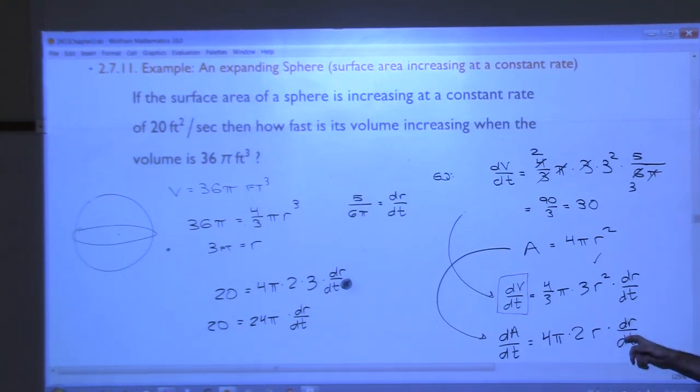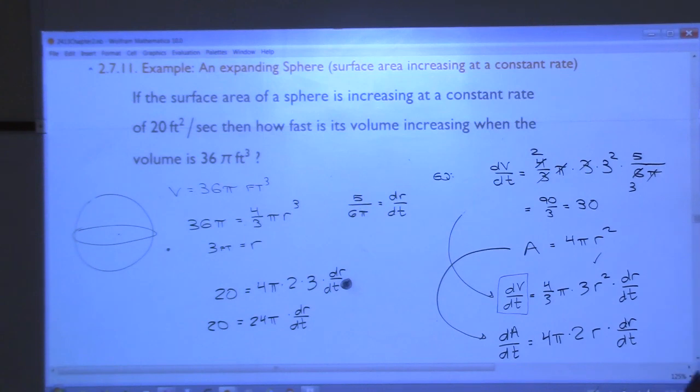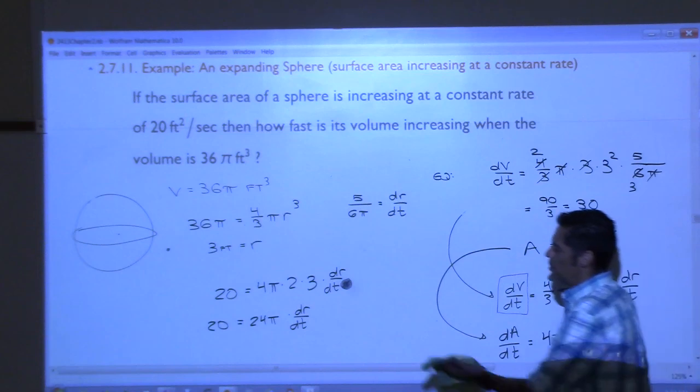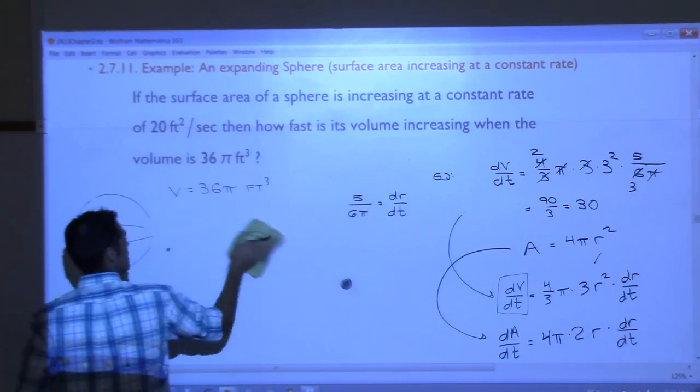So it's like you're almost using an intermediate variable to come back and solve this part right here. You can see why calculus students say that this is the hardest section.